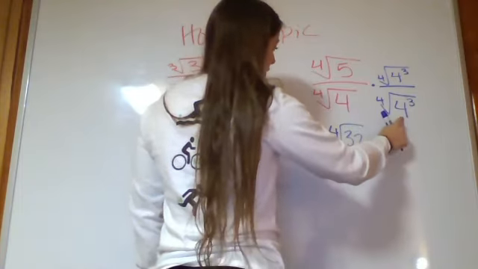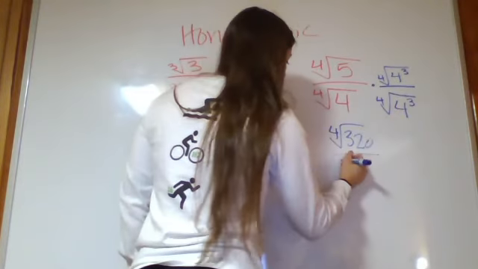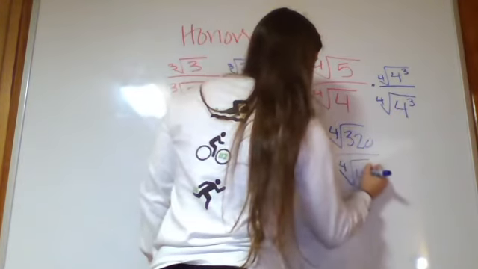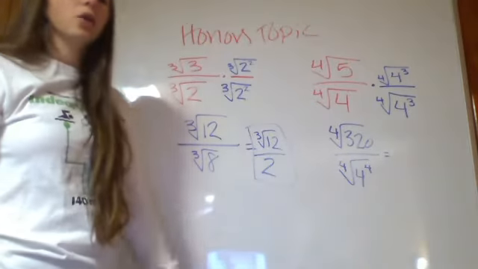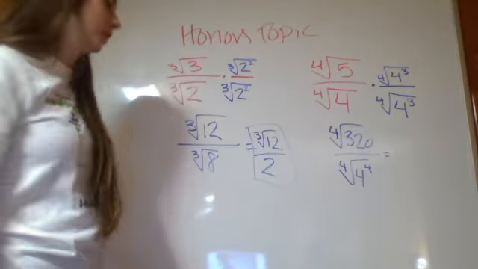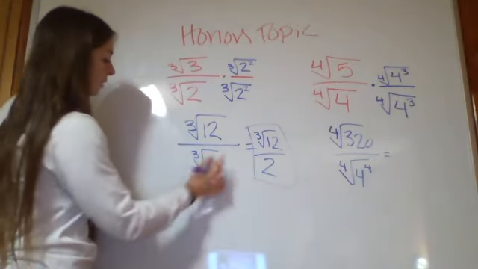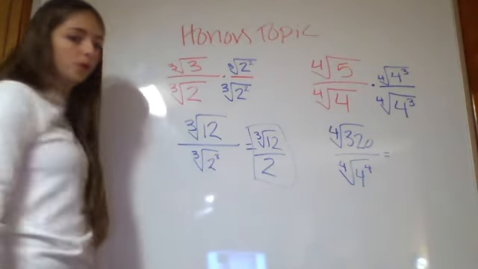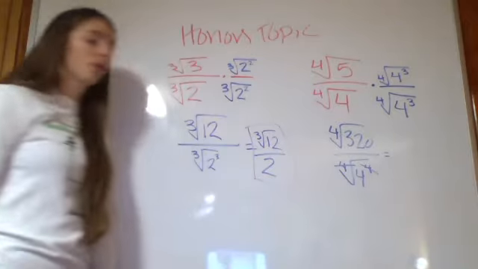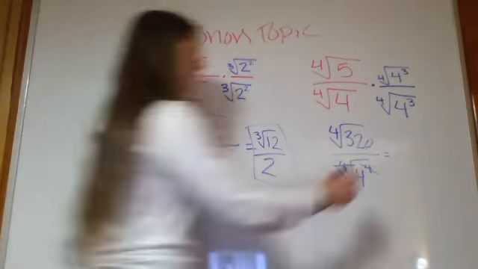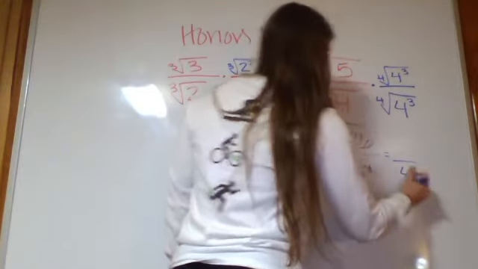In the denominator, 4 times 4 times 4 times 4 is essentially the same thing as 4 to the fourth. Once we start getting large numbers like this, you don't have to keep multiplying out that denominator. This would have been the same thing as saying 2 cubed. The 4th power and fourth root cancel to give us 4 in our denominator.